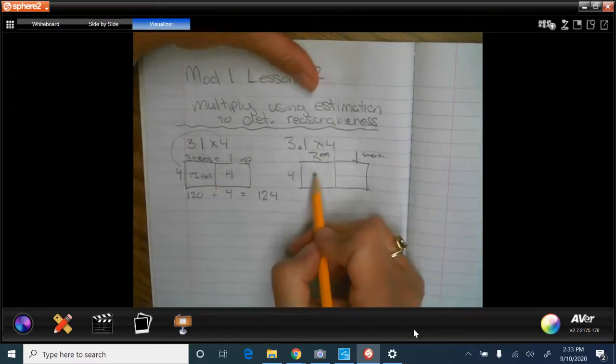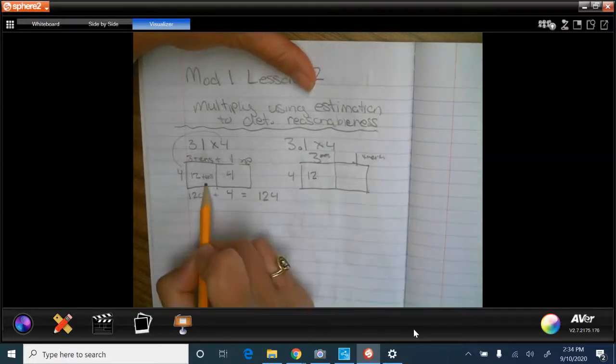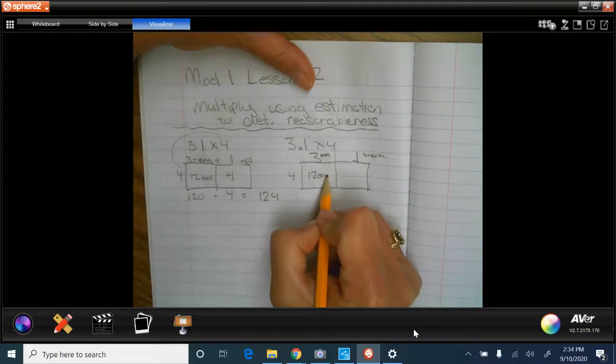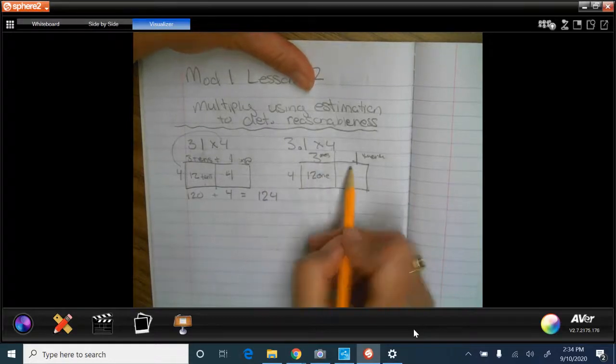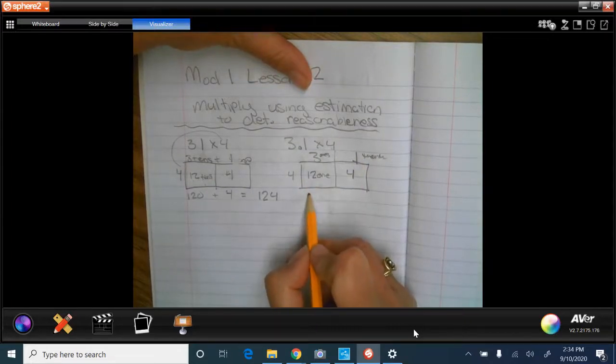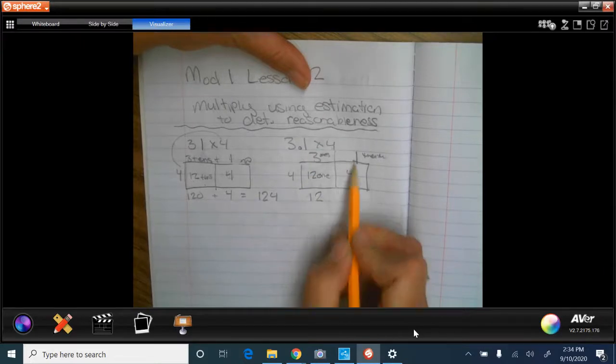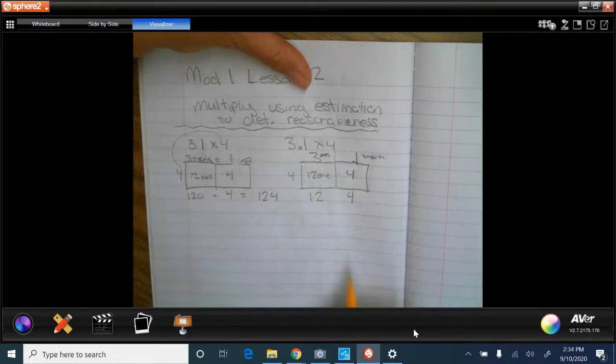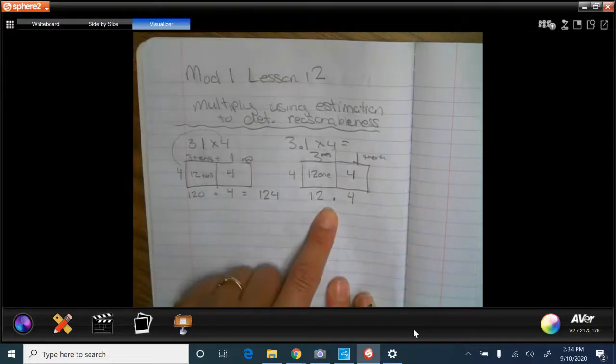The numbers are all the same. 3 times 4 is 12, only this time it's not 12 tens like it was here, it's 12 ones. And 4 times 1 is 4. Okay, so I still have 12 ones is 12. 4 tenths is 0.4. My answer is still 124, right?